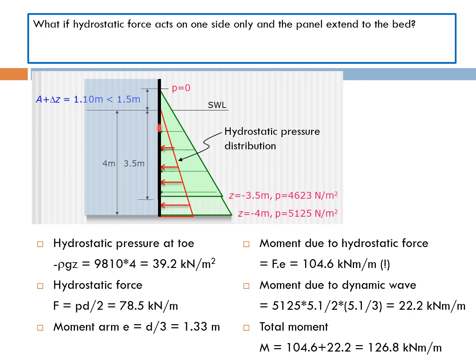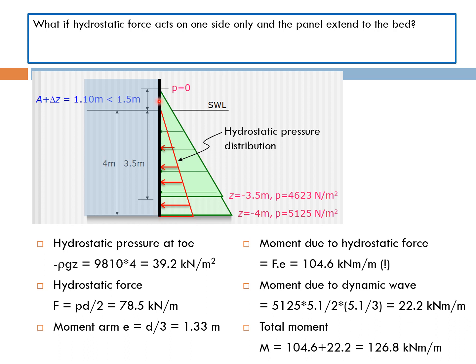What if the vertical structure in our previous example is exposed to the sea on one side, whereas the other side is the land itself? In this case, notice that the hydrostatic pressure is not cancelled out on both sides, so it will have to be taken into consideration. So we quantify the hydrostatic pressure, which is 0 at the still water level and reaches the maximum at the toe.